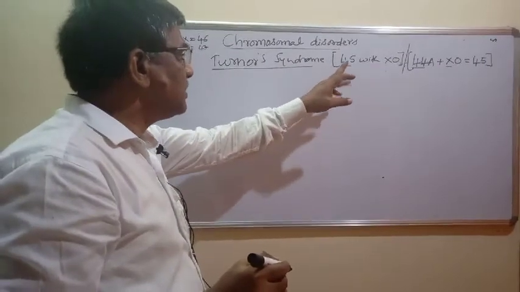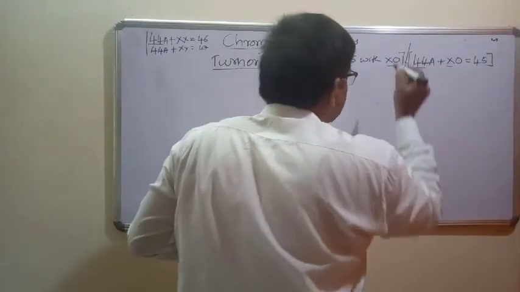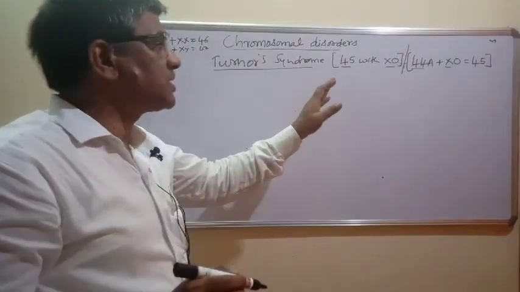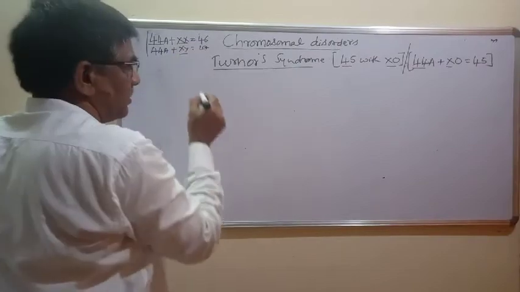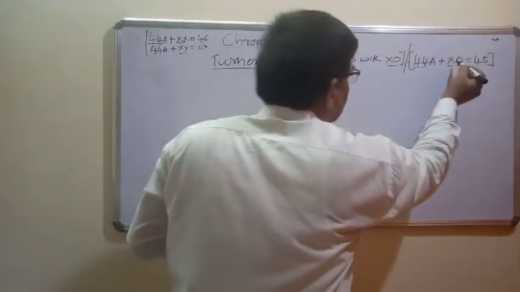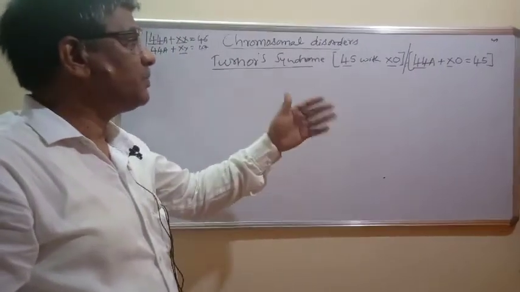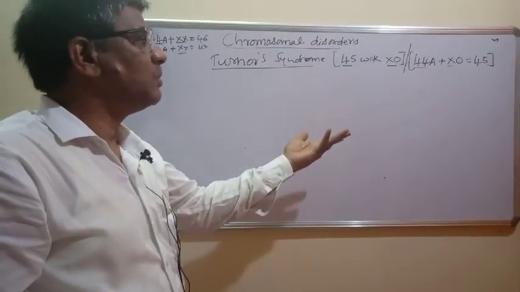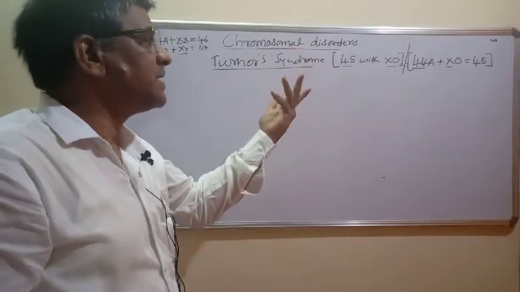Now what is the meaning of this? Sex chromosomes or allosomes should be either XX or XY. But here it is not XX and it is not XY, a 0 is there. So it means one more X chromosome or a Y chromosome is not there. Therefore, we have represented it as 0.